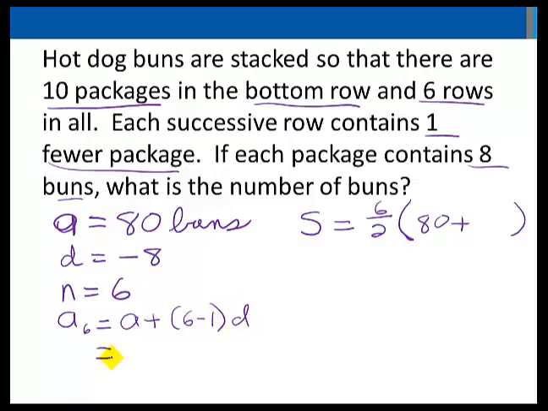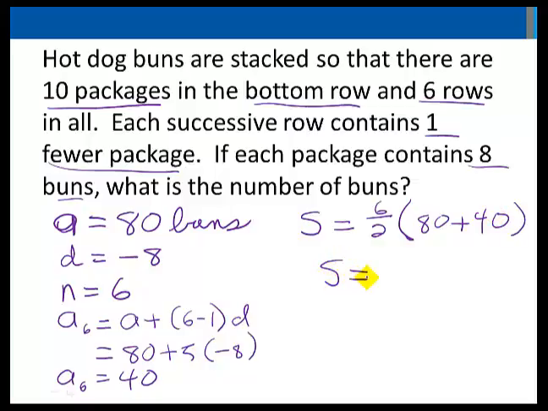So the number of buns in the 6th row would equal 80 plus 5 times -8, and we're going to find that a sub 6 is equal to 40 here. So I can plug in 40 into my sum formula, and I will find that the total number of buns will be equal to 120.